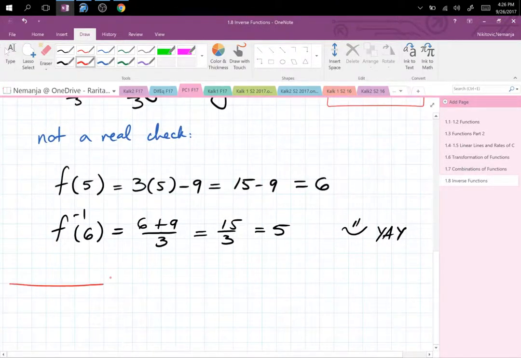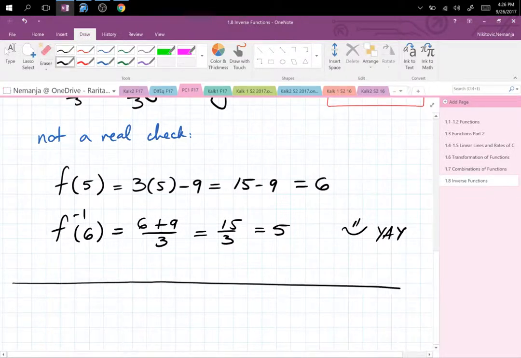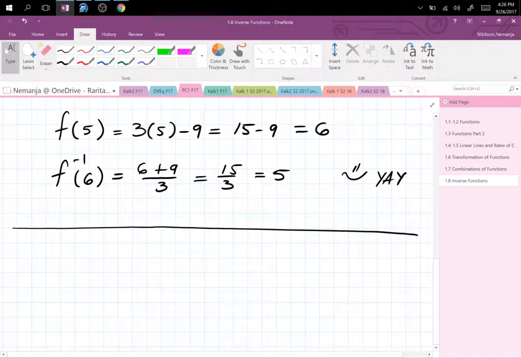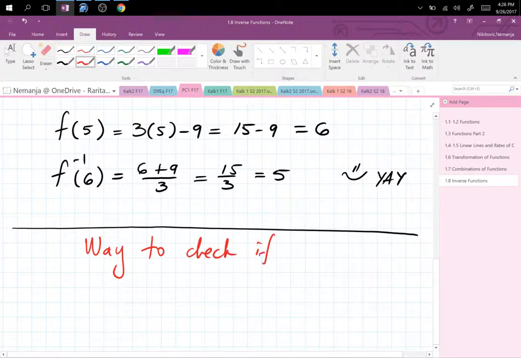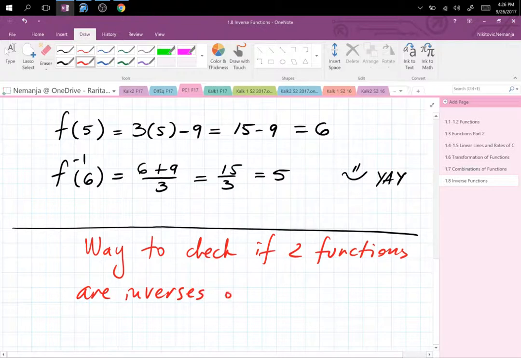Let's take a look at the actual way to check. Very important. Way to check if two functions are inverses of each other.